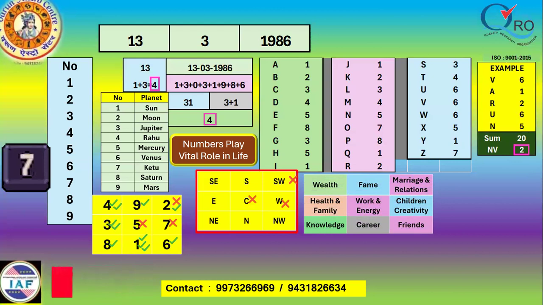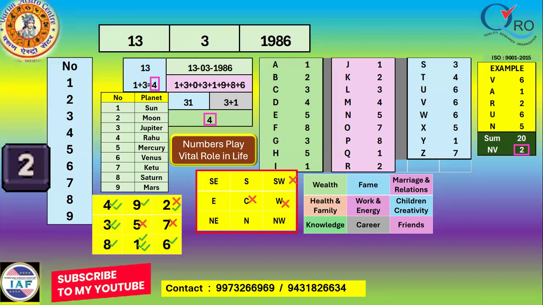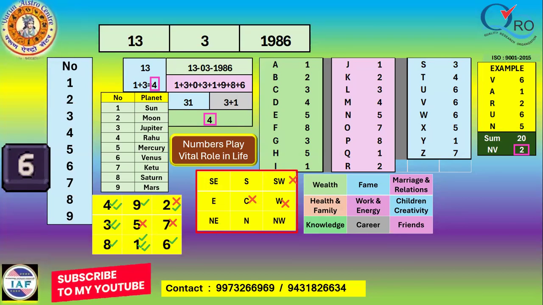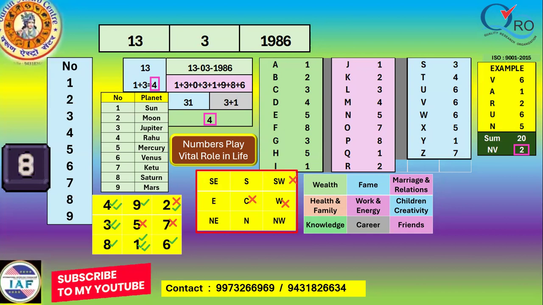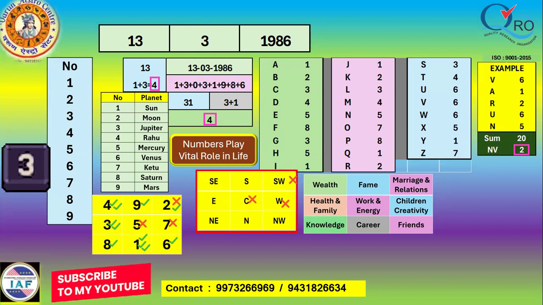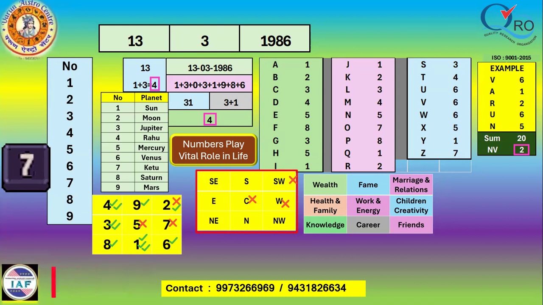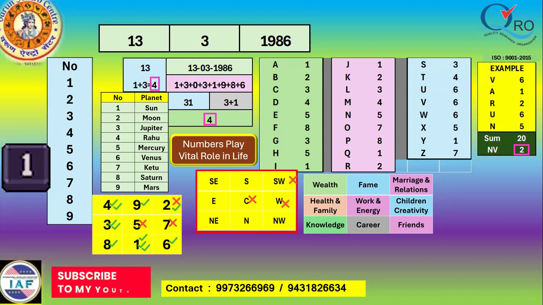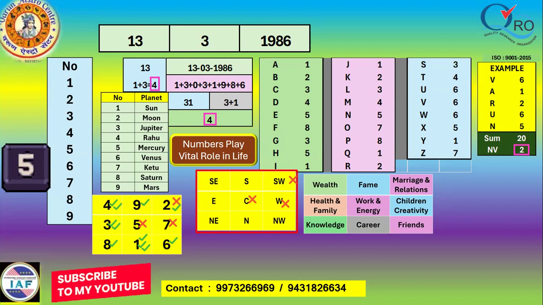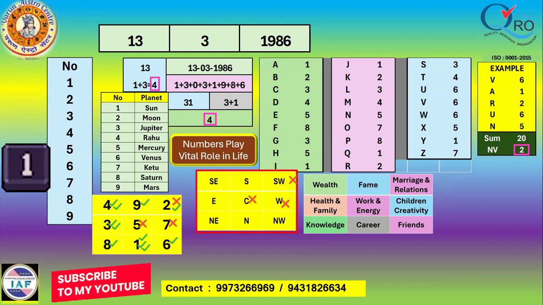Native may have wealth, good health, family too. He may acquire knowledge, including astrological knowledge because Saturn is involved. He gets name and fame, and career will also be good. Marriage relationship problem, creativity problem.